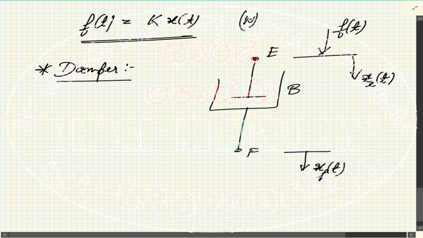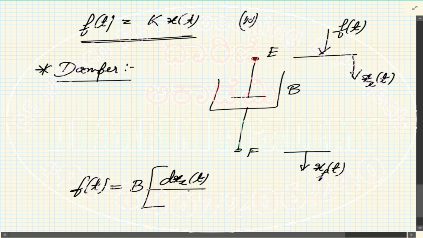So now let's directly write. Therefore, the F of t can be equated to the damping constant multiplied by the difference of the differentiation. So this is dxE of t by dt minus dxF of t by dt.